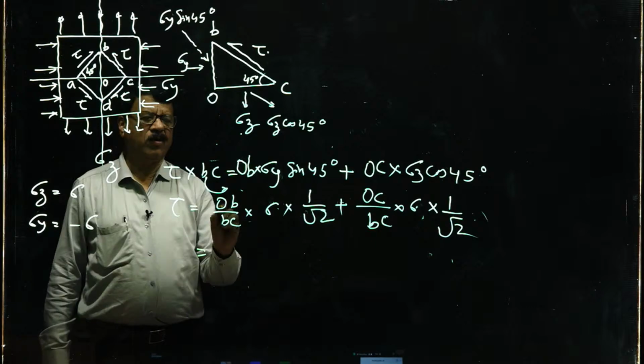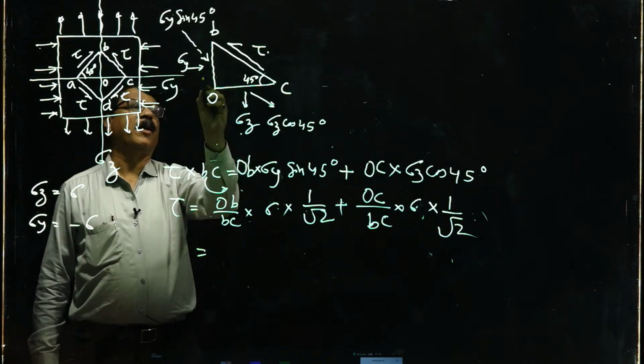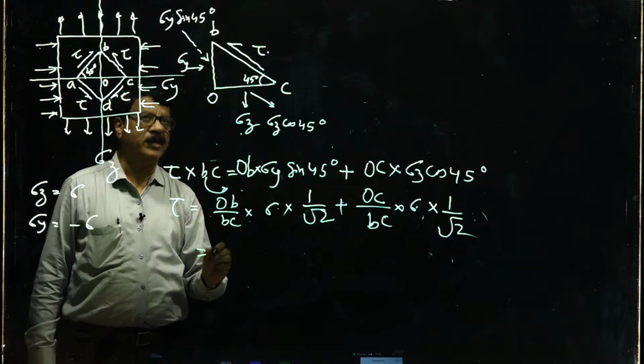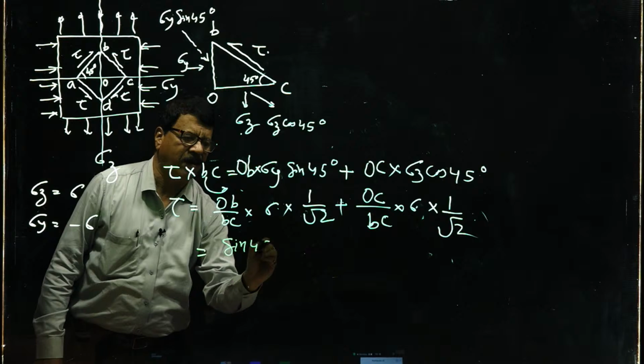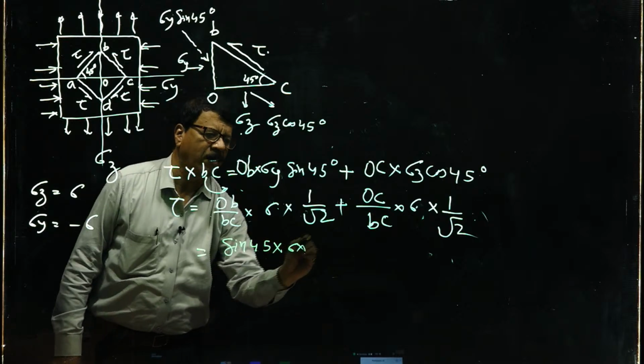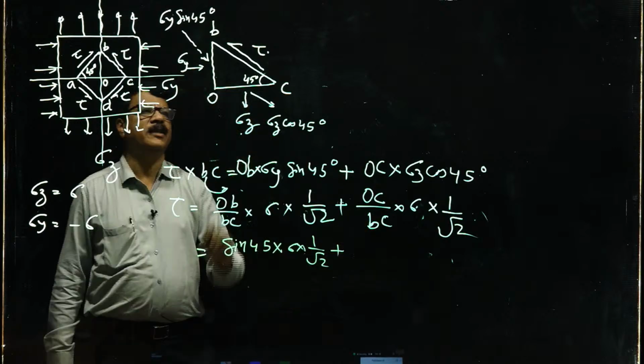So this OB upon BC is the perpendicular upon the hypotenuse, which means sin 45. OC upon BC is cos 45.